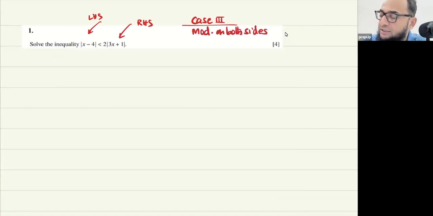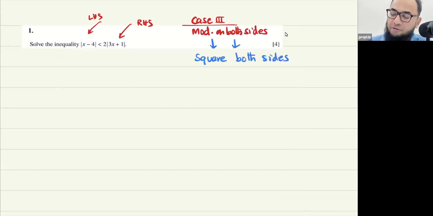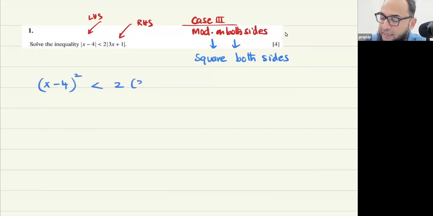What is the strategy? The strategy is square both sides. And you actually square both sides and you solve. So therefore (x minus 4) the whole thing squared is less than 4 times (3x plus 1) the whole thing squared. This is x squared minus 8x plus 16.